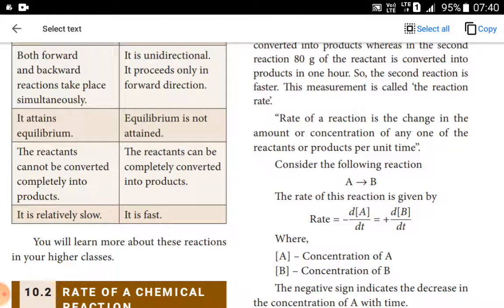So take A gives B. The rate with a minus sign indicates the decrease of concentration of the reactant. And the plus sign indicates the increase of concentration of the product, and these will be equal at one stage, that is called chemical equilibrium.